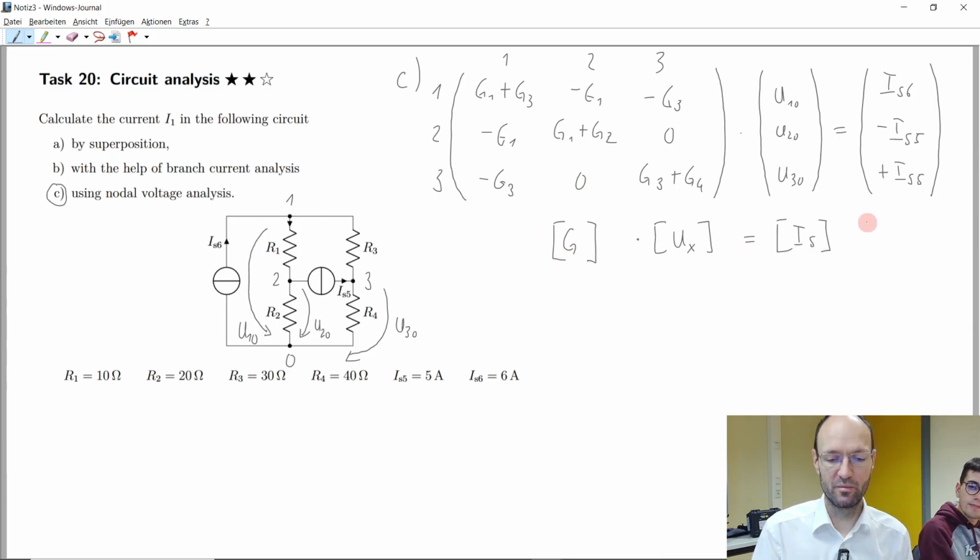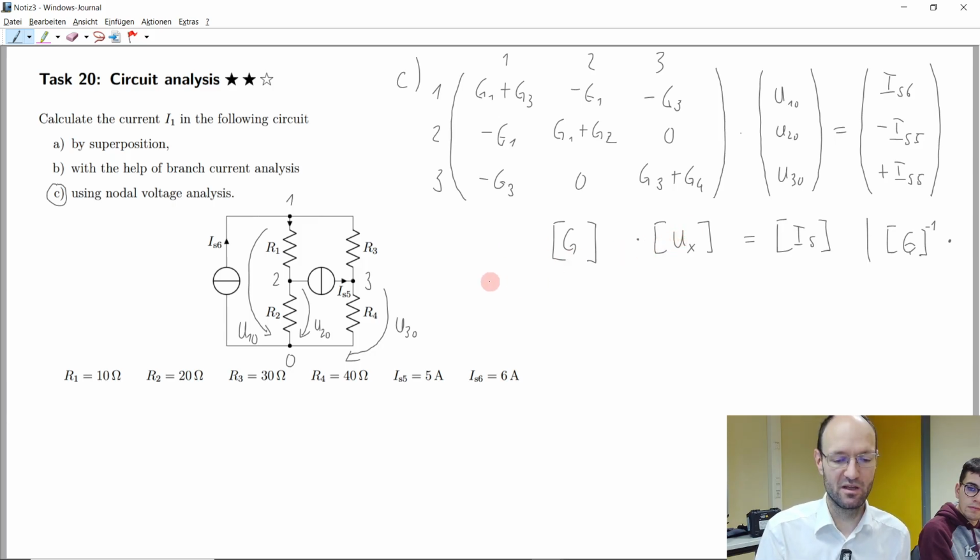And so then remember what we did to solve it. We took the inverse of this G matrix and multiplied it, because the matrix multiplication is not commutative. So the order does matter. We take this inverse matrix and multiply it from the left side onto this equation.